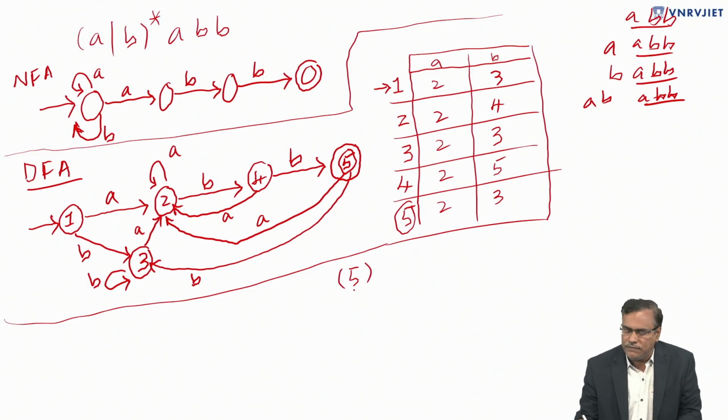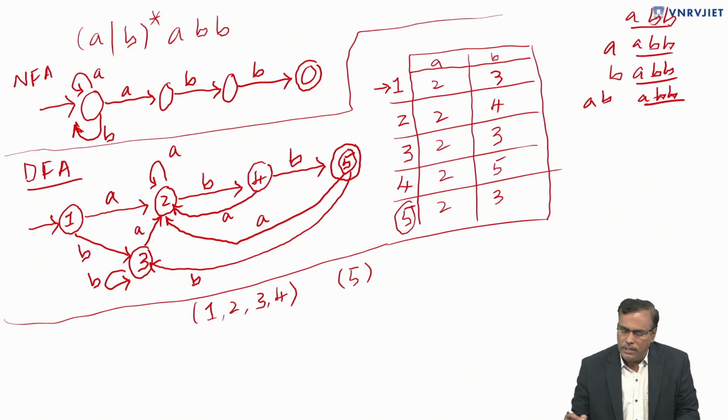And you can take the rest of the states, 1, 2, 3, and 4, as another group. So this is the non-final group and this is the final group. In the final group, you have only one state, whereas in the non-final group, you have 4 states.